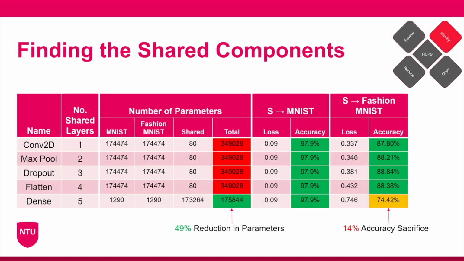This could be fairly significant, and it varies application by application. Realistically, 14% might be too much for some applications, and 49% reduction in parameters may be generous. But even still, by sharing these components, you can still potentially save a fairly large percentage of storage burden.